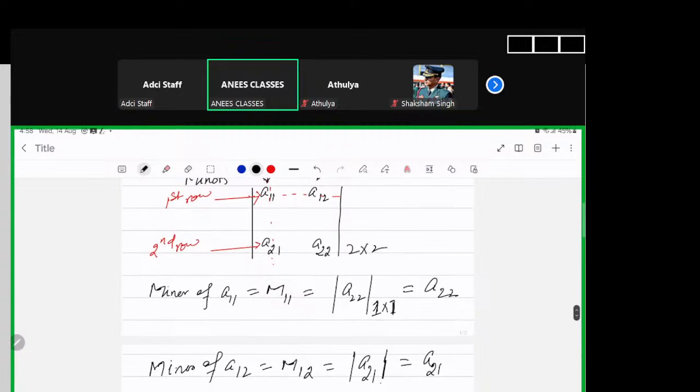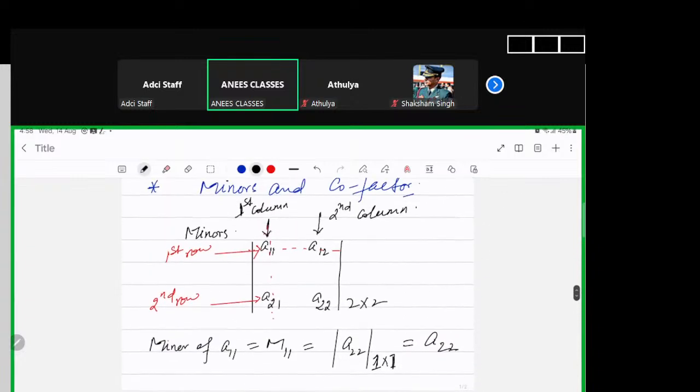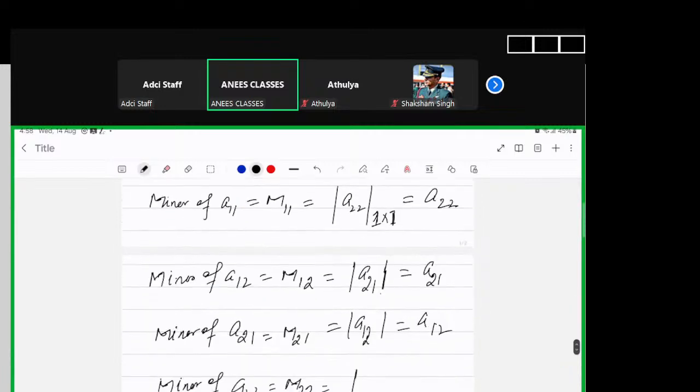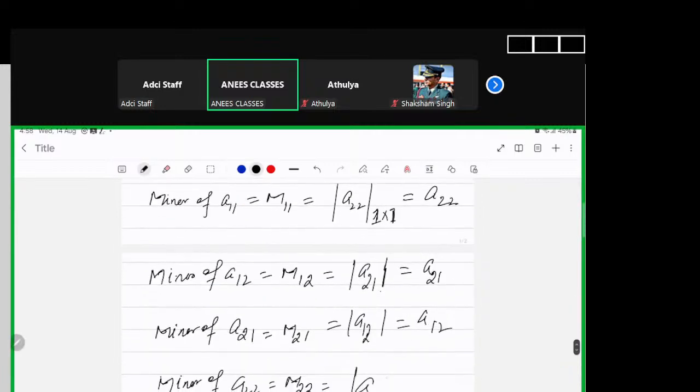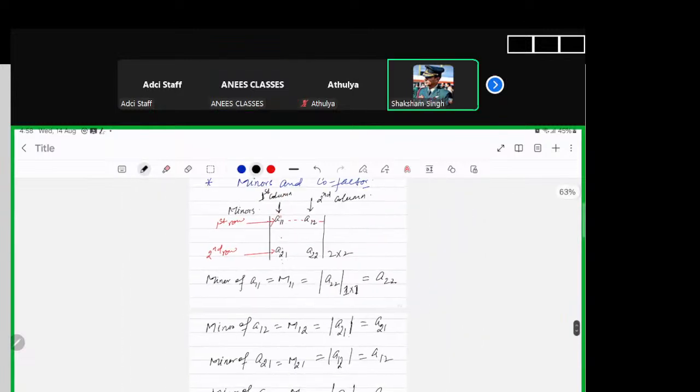I will be left with A12 determinant. This is A12. I'm not saying modulus, I am saying determinants. Minor of A22, M22. Row and column deleted along A22, you will be left with A11. Understood? Tell me. Yes, sir.